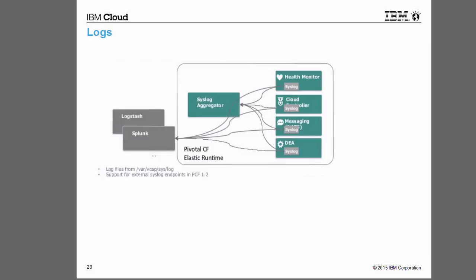Here is a sample view of the components tied to the log aggregator in the Bluemix architecture and how they get tied to a third-party log management system. The log aggregator is where Bluemix captures all the health monitor, cloud controller, and messaging logs, and you can also tie them to Logstash or Splunk or other tools available outside for monitoring your logs.